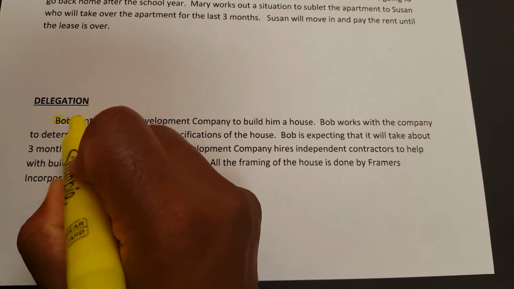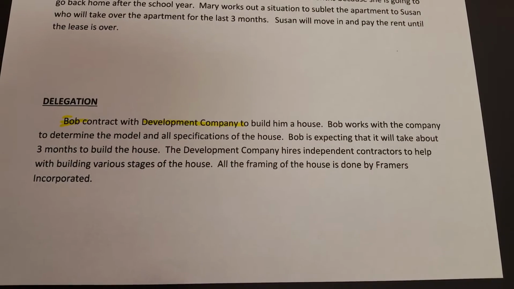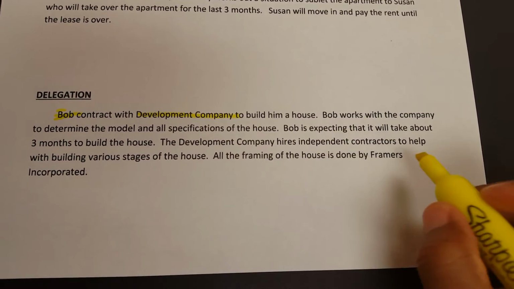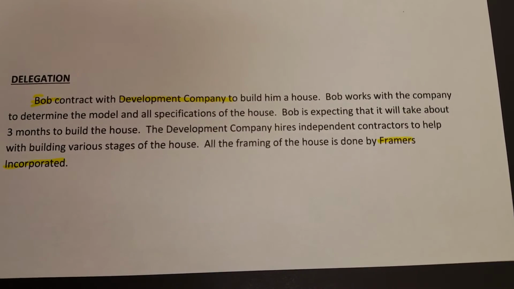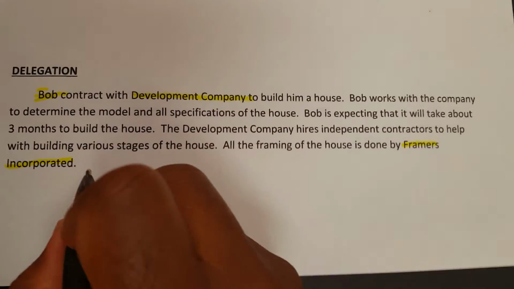So the first step is to figure out who the players are in this situation. So we have Bob, who's the buyer. We have the development company, who's going to be responsible for building the house. And then we have Framers Incorporated. The next step is to figure out who is in the direct relationship, so who's in privity of contract.